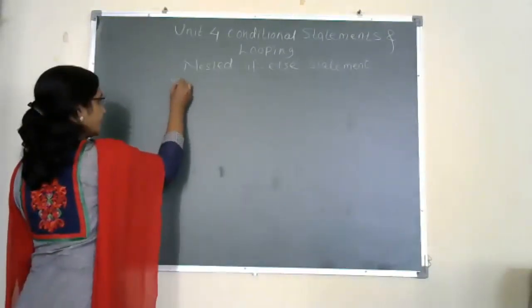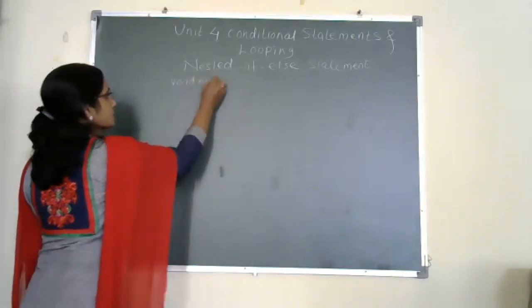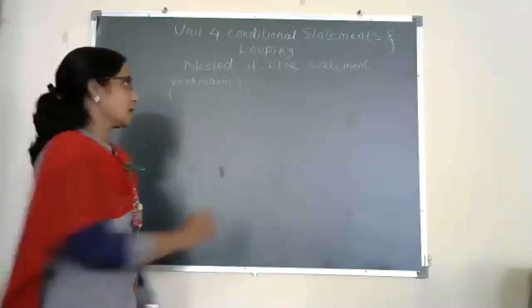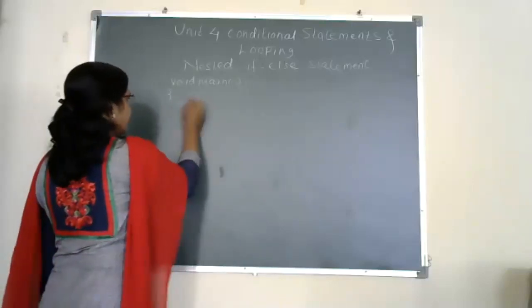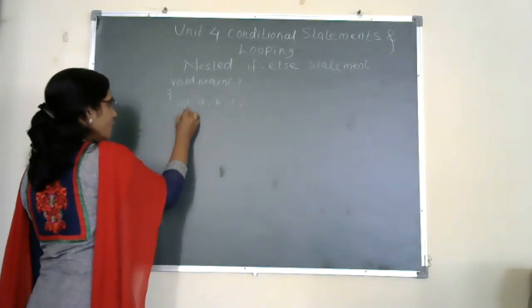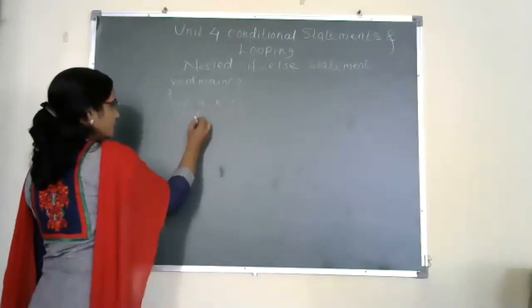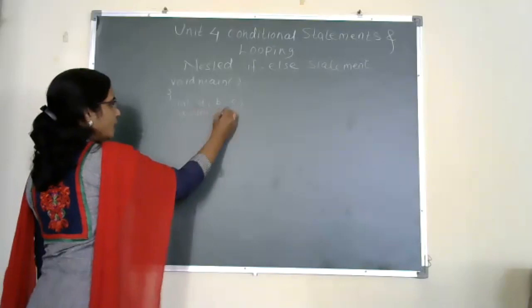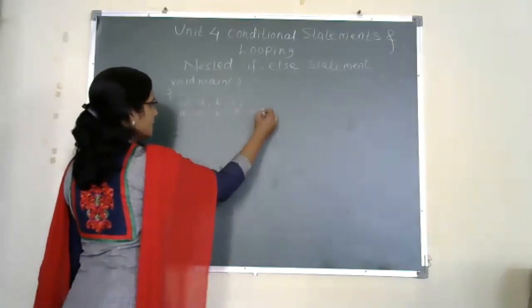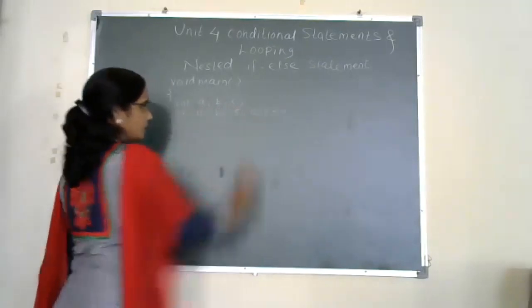Once again I write the code here. Suppose instead of taking the values from the user, I directly assign them. I take three variables A, B, C, and assign A equal to 10, B equal to 5, and C equal to 20.